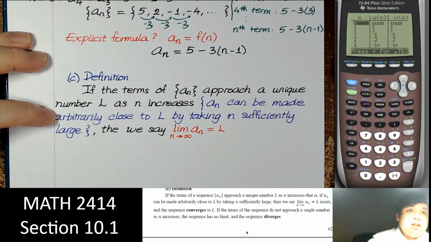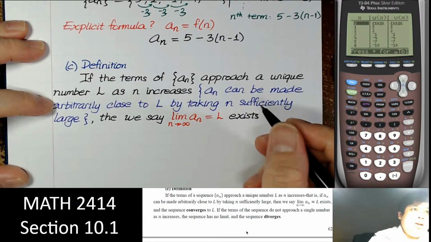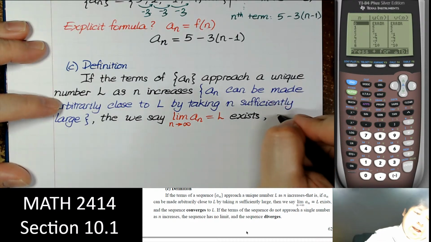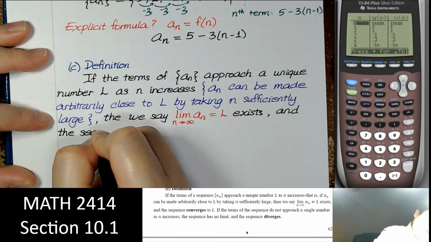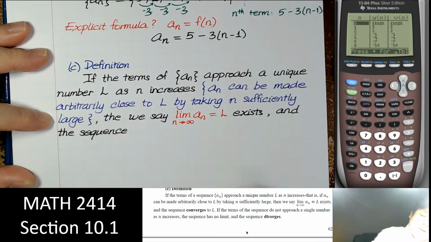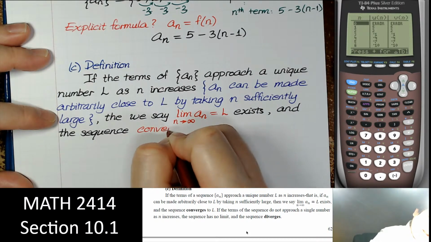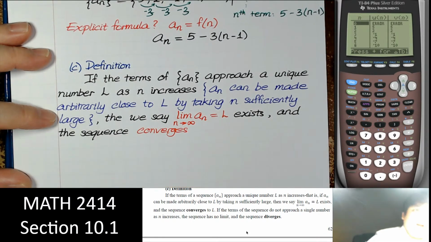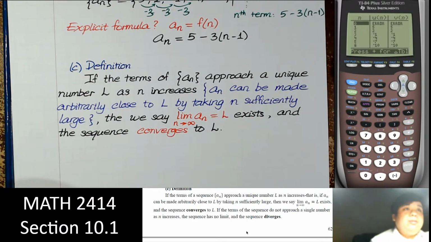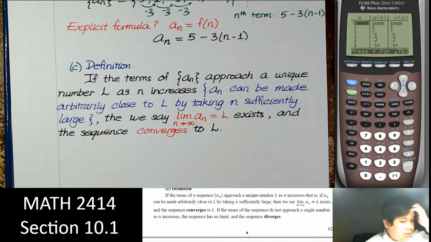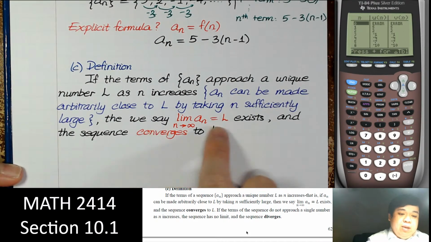And we say that limit as this. And the sequence converges to L. Right, so converges meaning that the limit approaches that number.